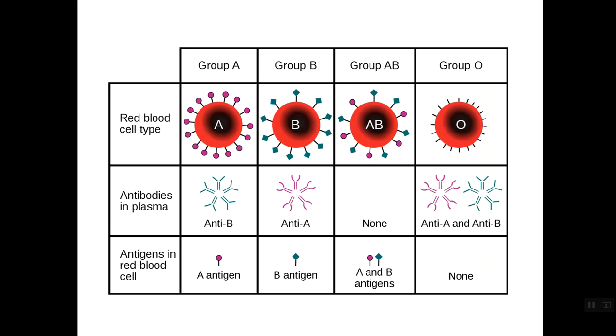A blood group person has antigen A on the RBC, and in the blood serum we will find antibody B. Anti-sera B will be present.